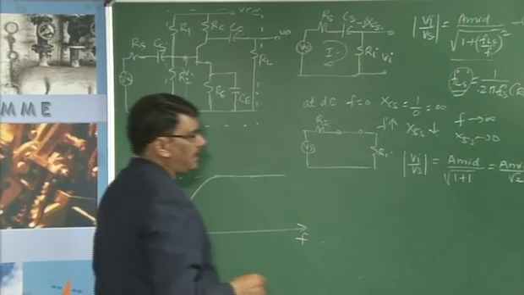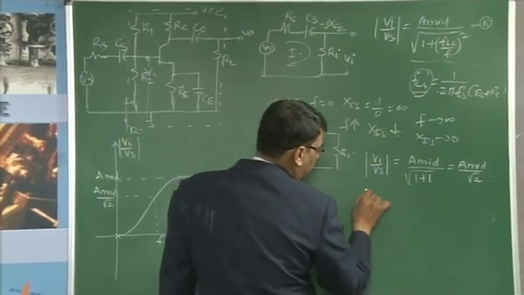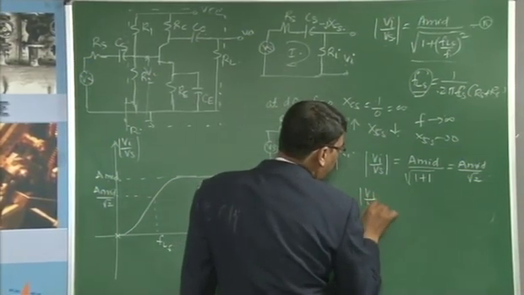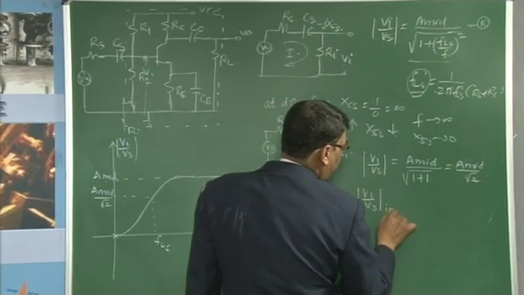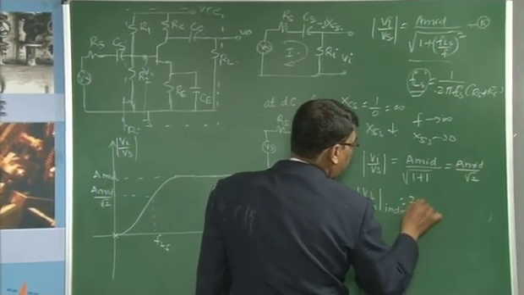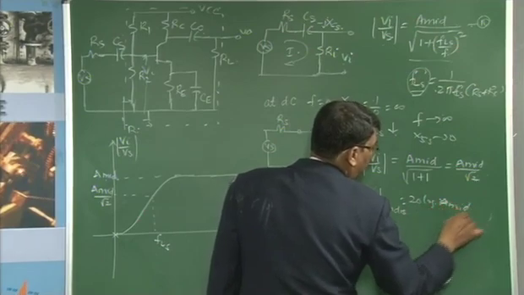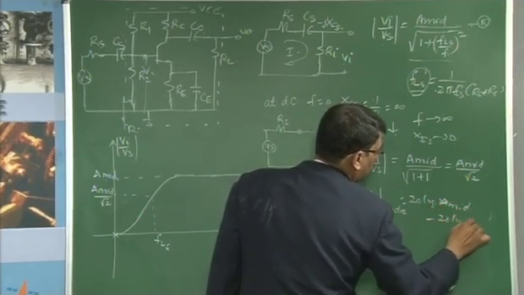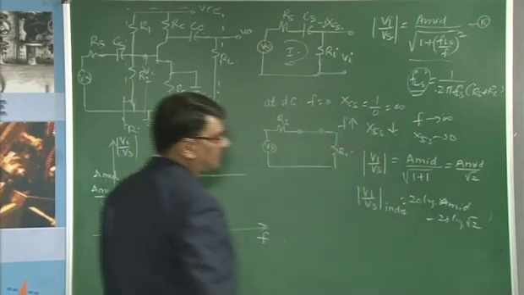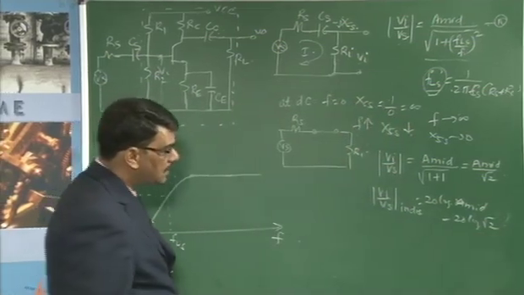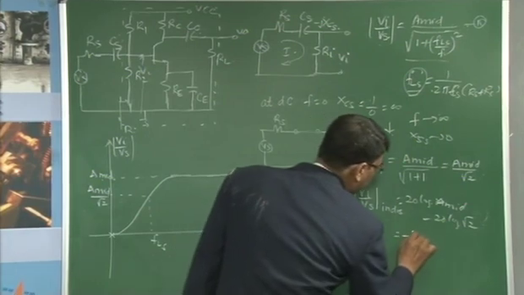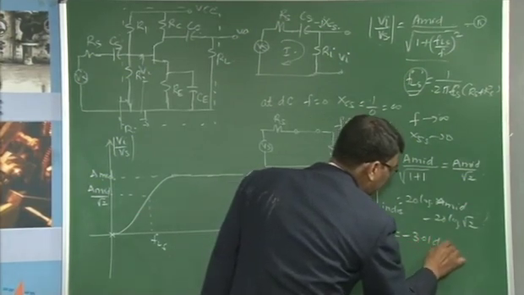If you take the gain in decibels, Vi by Vs in dB is equal to 20 log A mid minus 20 log root 2. This value is equal to A mid minus 3.01 decibels.